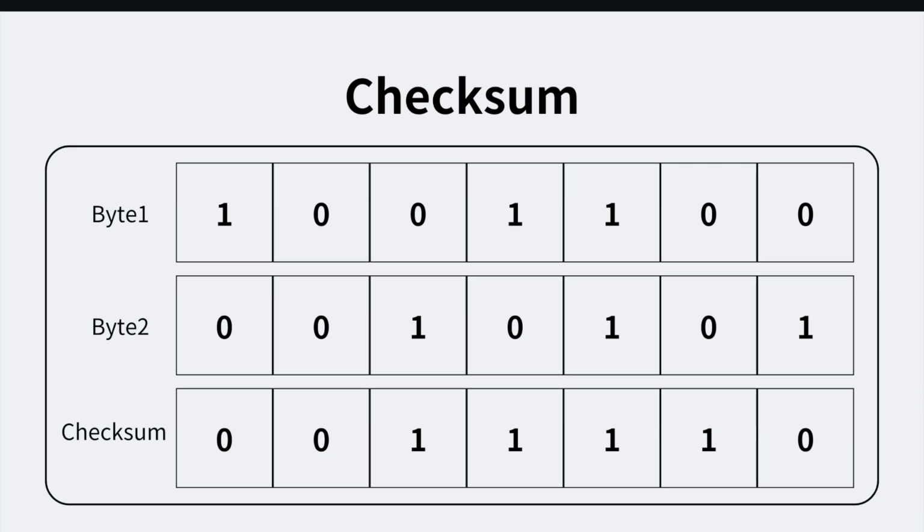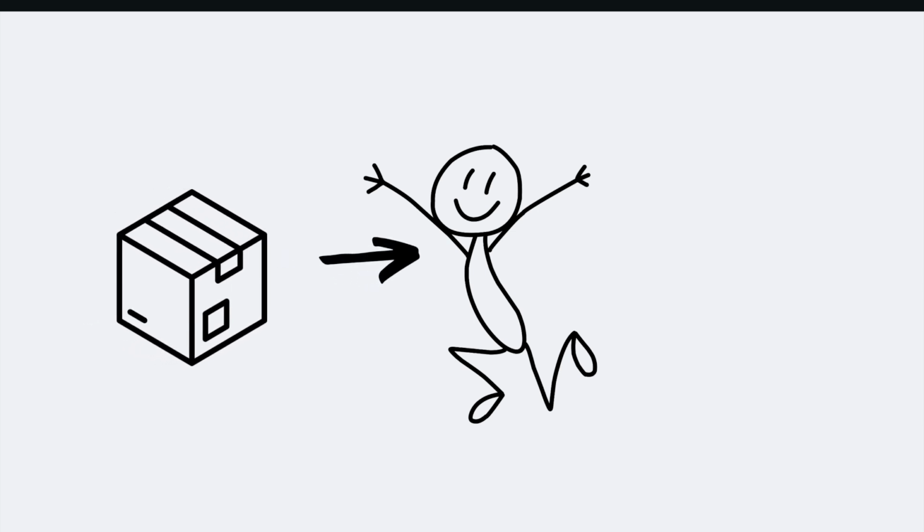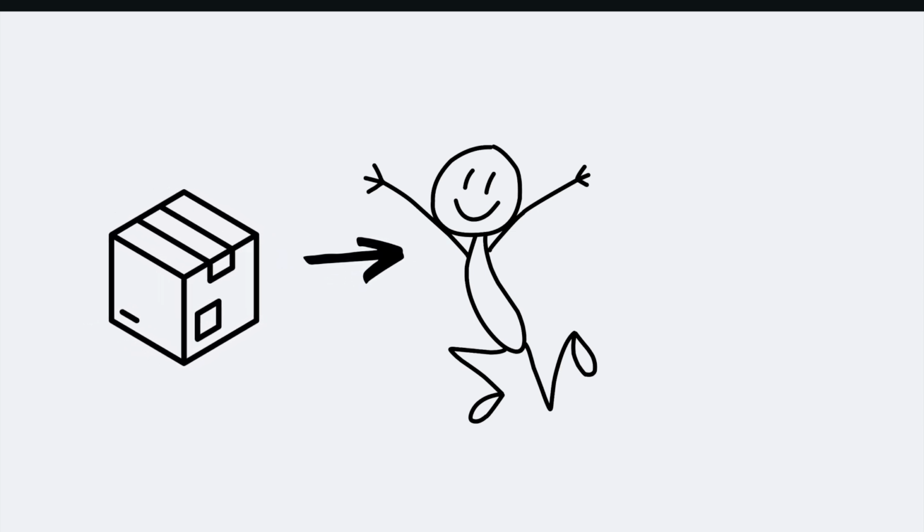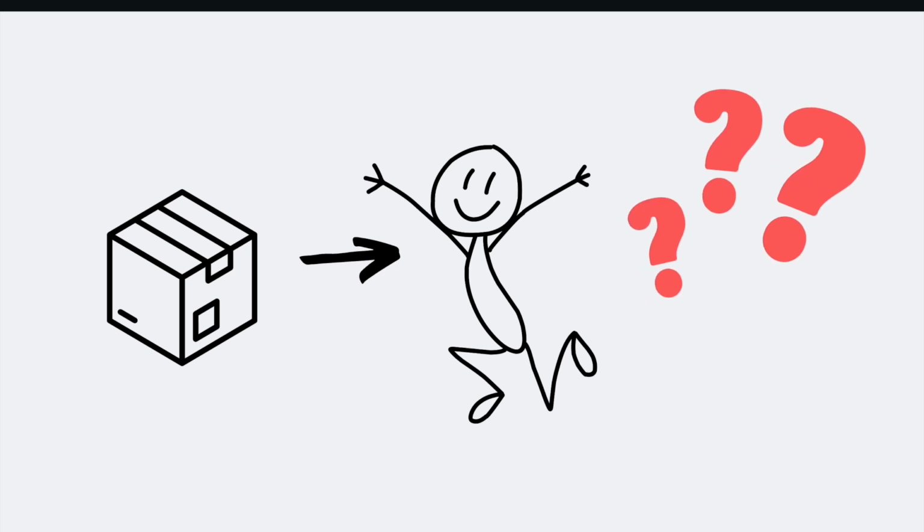Now, we can send a block of data, and this block contains the original data block and a byte of checksum. When the receiver gets the data, how can the receiver check it?